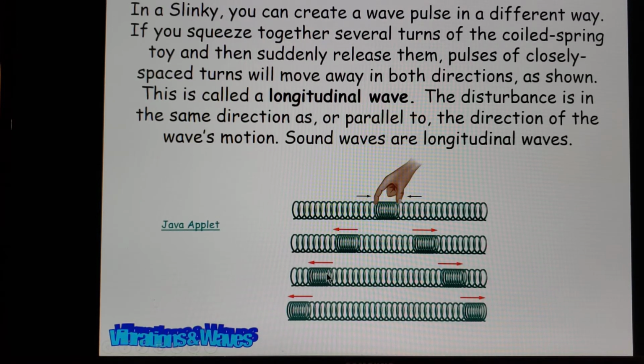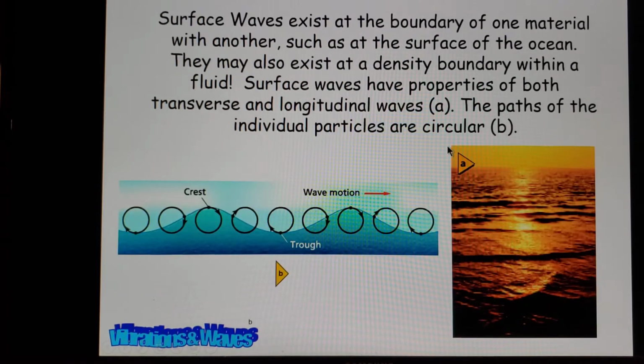It's a compression in the spring that travels along. And that type of compression is sort of like a sound wave, where when you talk, you compress the air, and that pulse travels to the ears of the people next to you, and they can hear what you said. A longitudinal wave then goes along the spring, where the direction of the medium is in the same direction as the wave is moving.